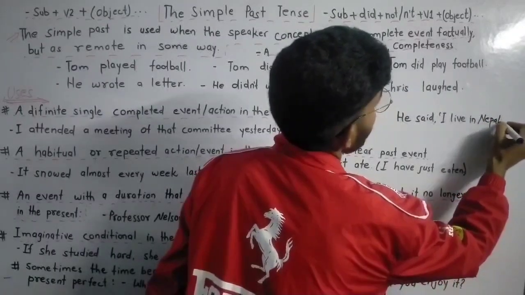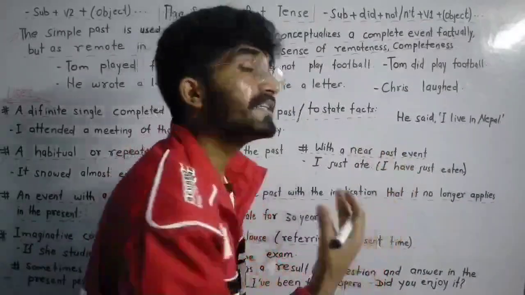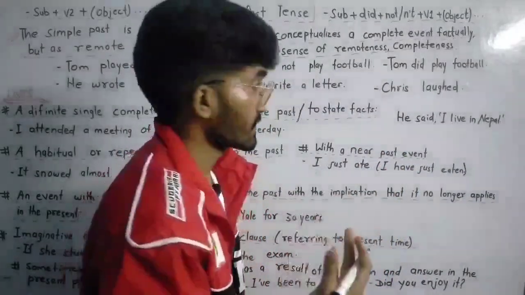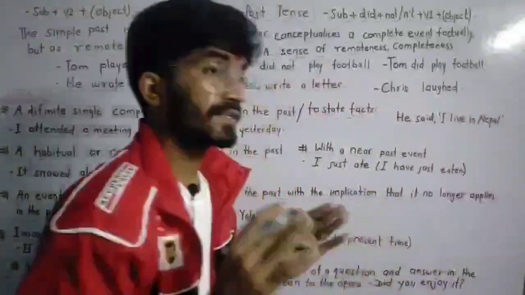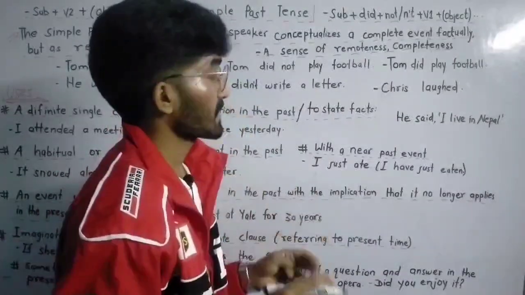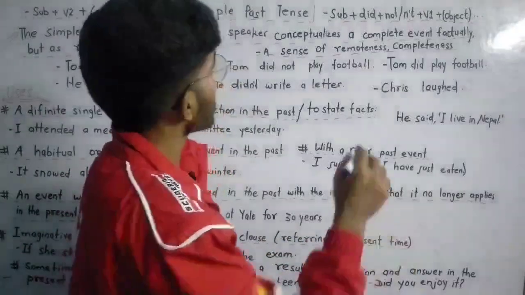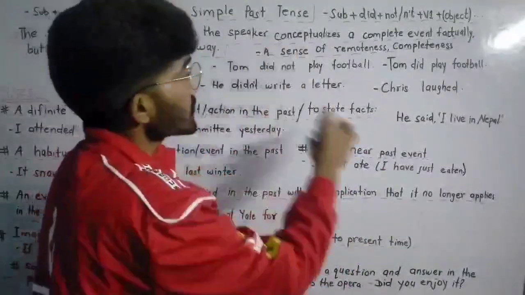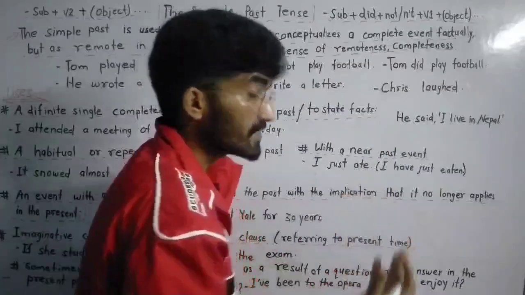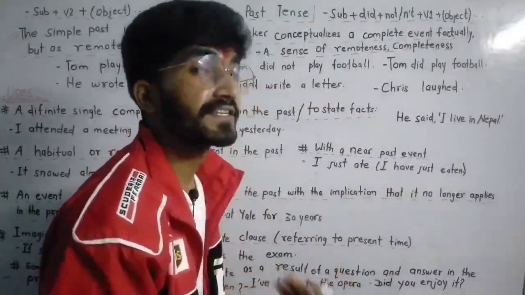See, it is a direct sentence. When we study direct and indirect speech, at that time we'll discuss it in detail. For the time being, we can use the simple past tense in such a situation while changing a direct sentence into an indirect sentence.